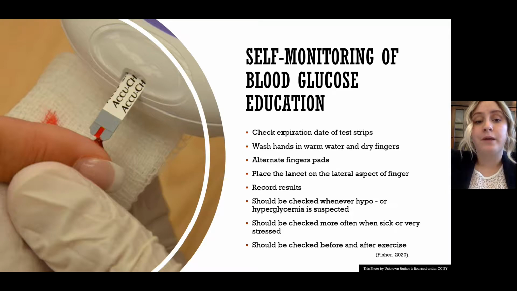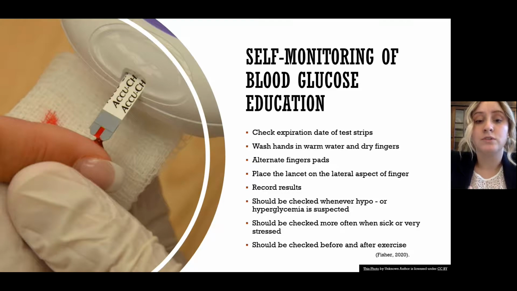An education point that we should be not only understanding for ourselves if we're going to be checking blood glucose in the home for the patient, but if a patient is a first-time diagnosis, or if you're teaching a caregiver, or what have you, if you need to teach about self-monitoring of blood glucose, these are the things that we should be teaching.